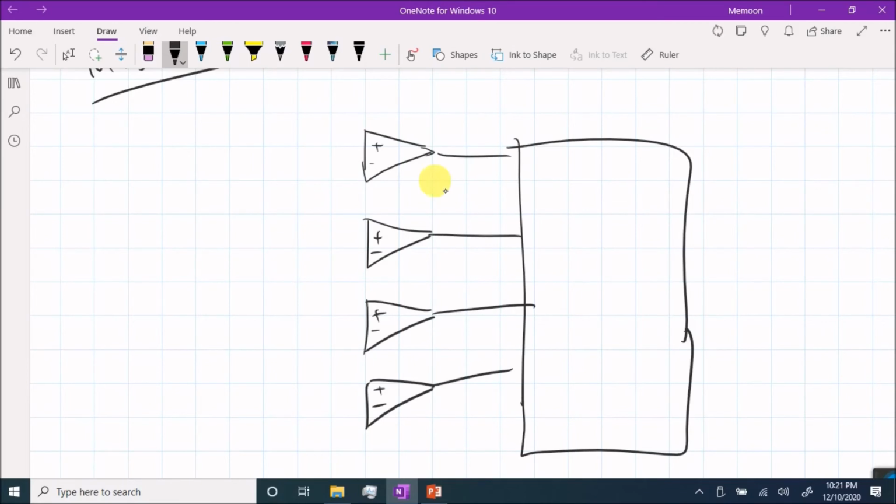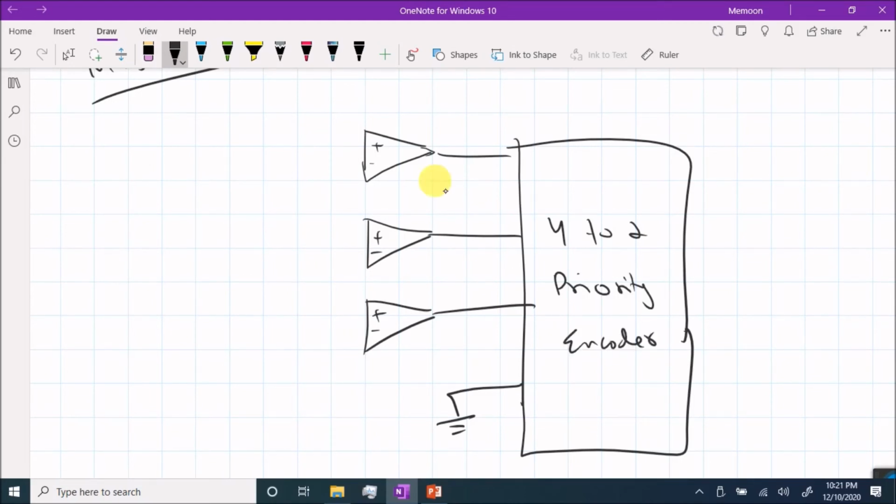There are 3 comparators, and the outputs of these comparators are the inputs of a 4 to 2 priority encoder. I will come to what a priority encoder is, but let's first finish this circuit.